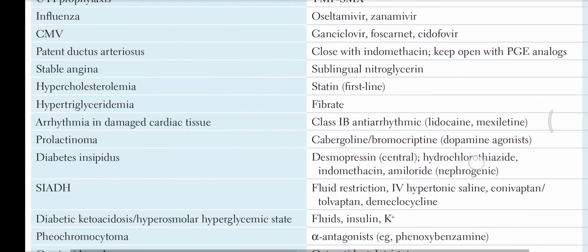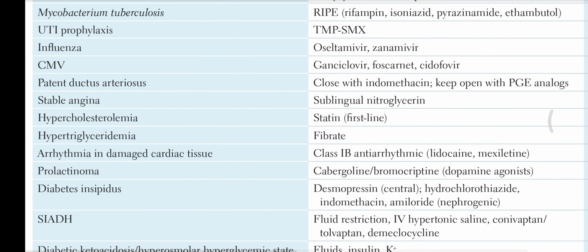For CMV, cytomegalovirus: ganciclovir, foscarnet, and cidofovir.